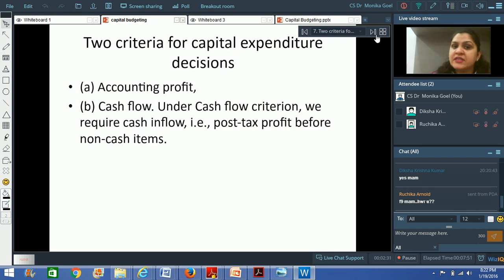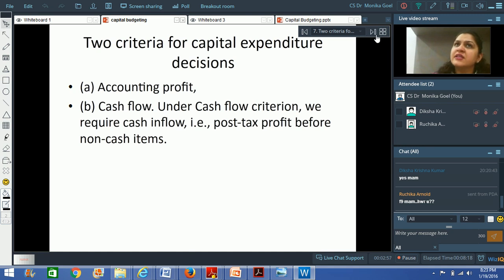Now before I go further in this aspect of capital budgeting decision, I must tell you that this is a very important chapter for examination. In general, a minimum of 10 to 15 marks in the question paper comes from this topic, and therefore you have to understand it in depth, each and every aspect of this kind of decision, and be very well versed.